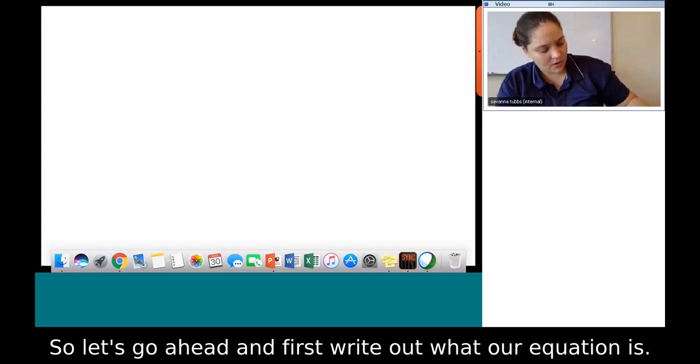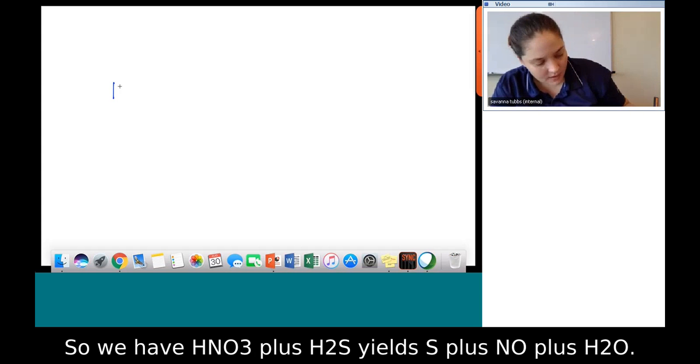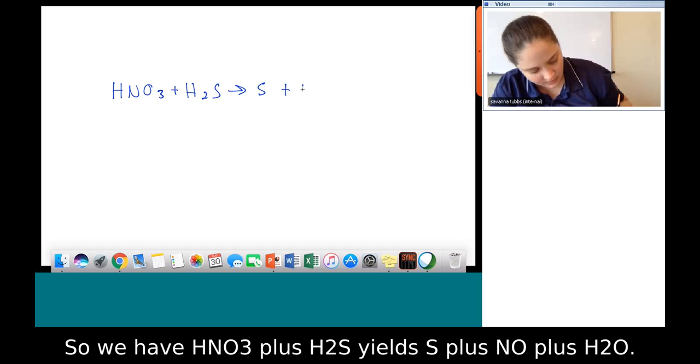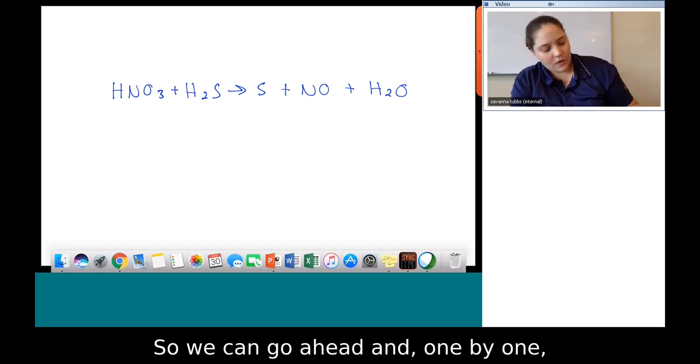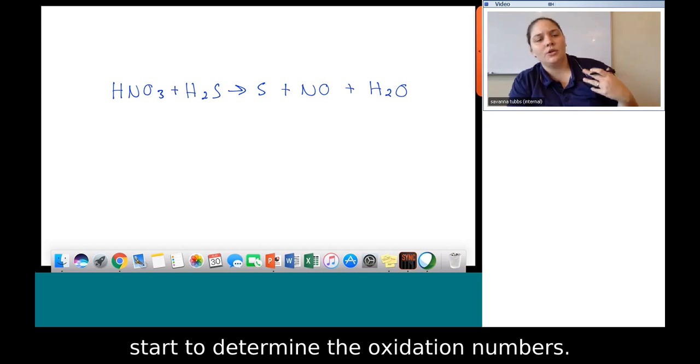Let's first write out our equation. So we have HNO3 plus H2S yields S plus NO plus H2O. We can one by one start to determine the oxidation numbers.